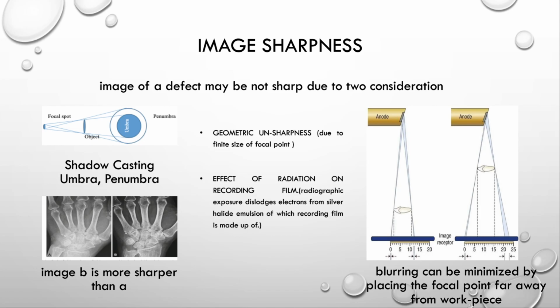The shadow you get will have a darker part and some shaded portion. The shaded portion is the penumbra and the darker one is the umbra. As you can see, this image is sharper than this one, because this one is blurry due to the penumbra region. This can be reduced if we take the component further from the focal point, and using this we can minimize the blur.